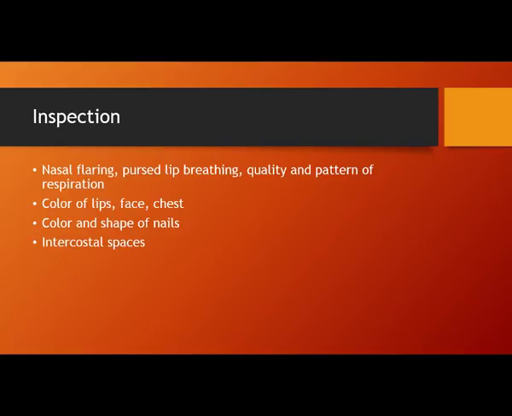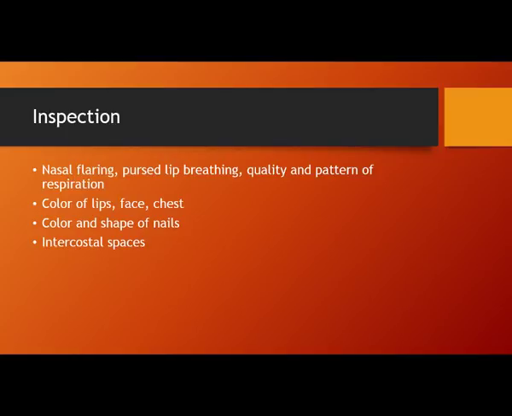We teach them to do pursed lip breathing to make it easier, but a lot of them do it just by instinct, and so you'll see some pursed lip breathing. Also look at the quality and pattern of the respiration. We'll talk about different respiratory patterns in a later slide. But these are things that you see immediately when you first walk in the room.